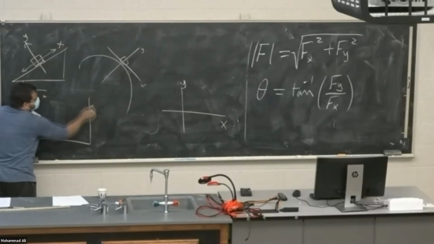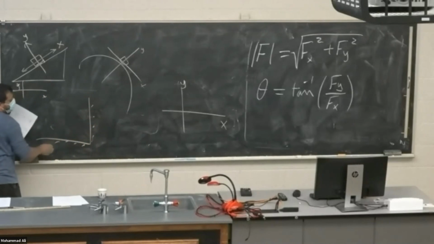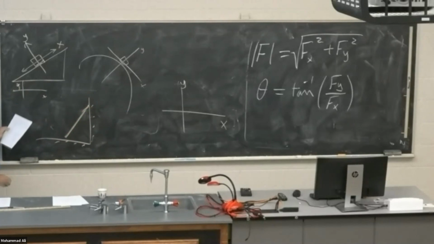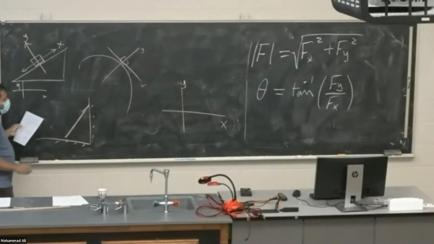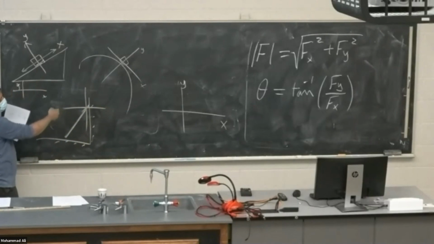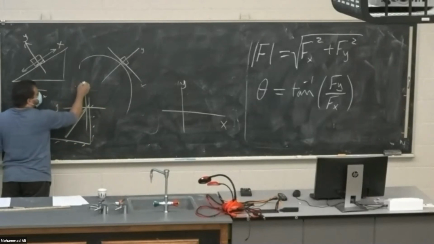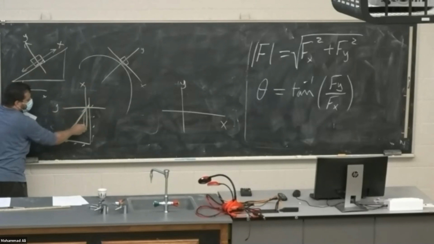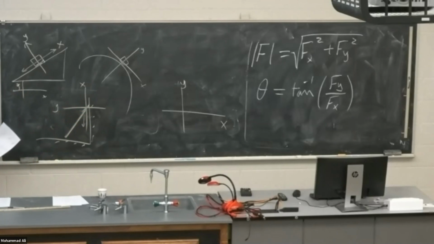This is a wall, this is the ground, and this is a ladder. It is okay to use x and y like this. Sometimes you can use this as y and this as x, because when the ladder starts sliding, it moves in this direction. So it is okay to choose your x and y as you like.